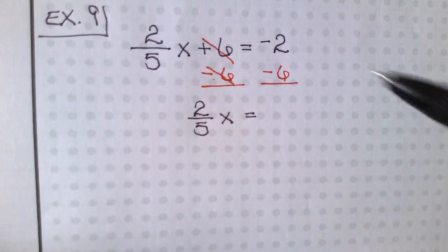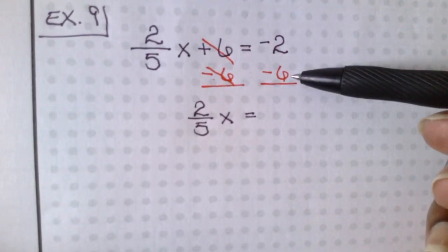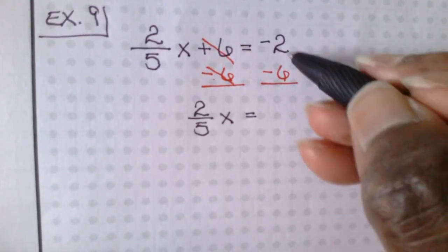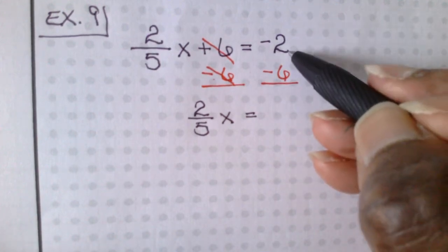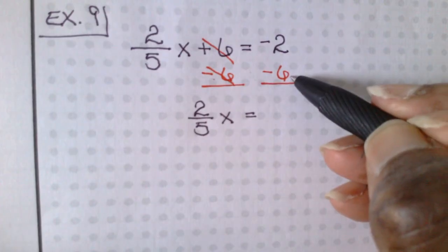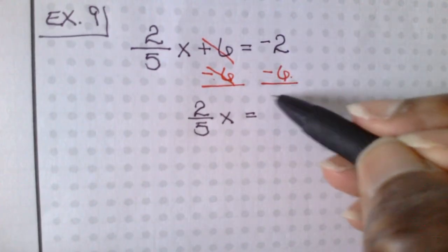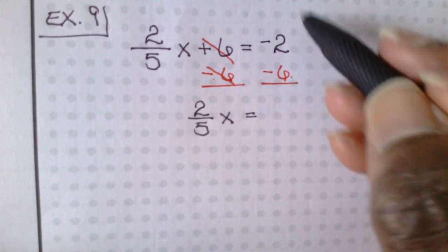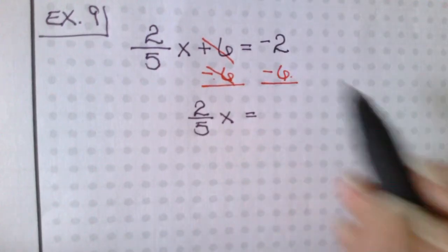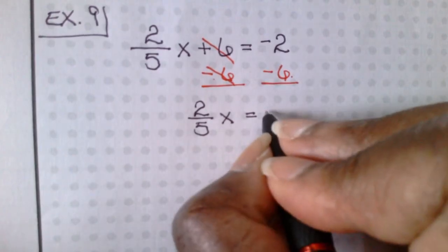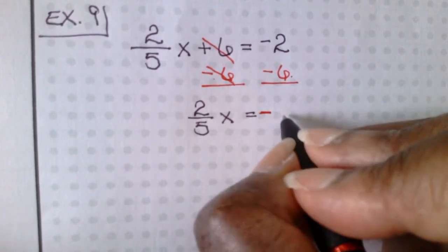And then I can combine the -2 and the -6, which, when the signs are the same, listen to how I say it. -2 plus -6. I am combining them. Where you're combining, you're adding, and you're taking the signage. So since they're both negative, you're going to add them together.